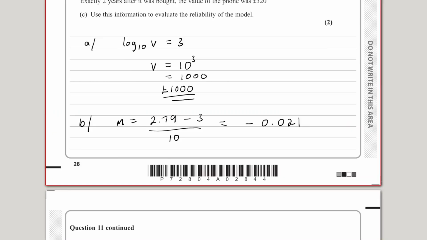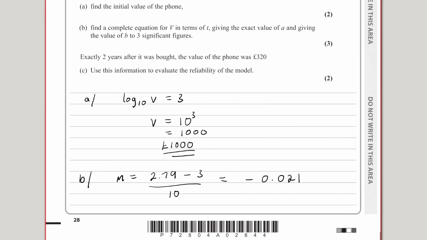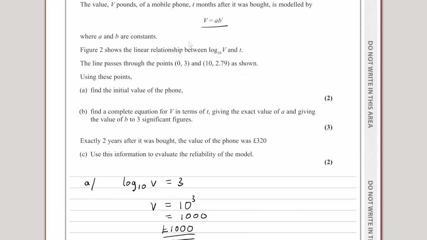So that's part B. Part C: exactly 2 years after it was bought, the value of the phone is £320. Use this information to evaluate the reliability of the model. So t is the number of months after it was bought. So 2 years is 24 months.